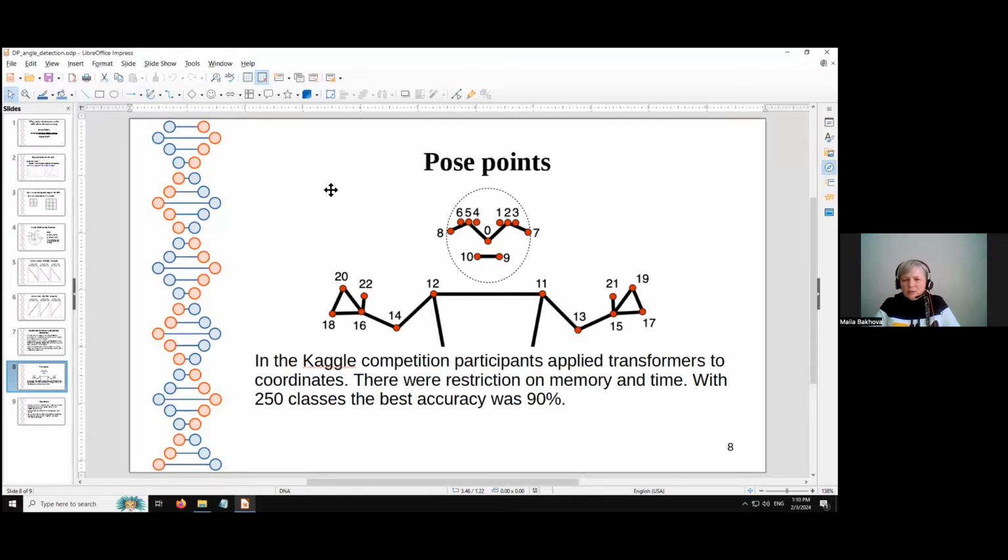In the Kaggle competition, people used transformers on coordinates, and they had restrictions on memory and time. With 250 classes, the best accuracy was 90%. I mention the restrictions because I looked at it and thought, why? There are a lot of angles, I can compute all the angles.